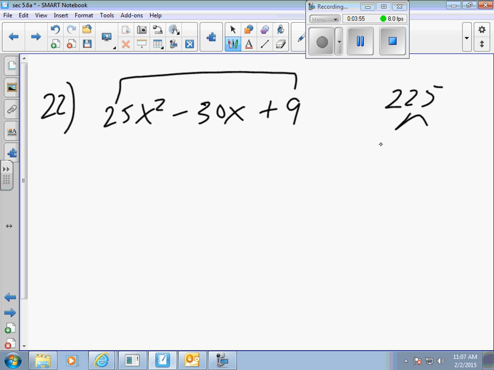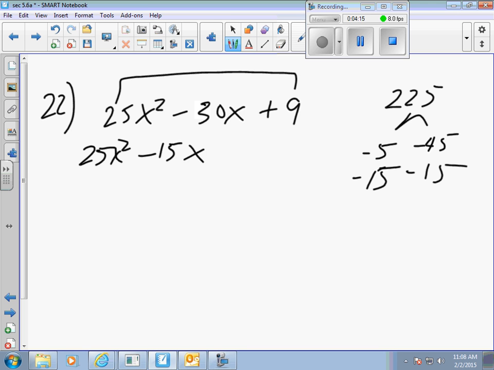So we'll try things like negative 5 and negative 45. That doesn't work. So let's go straight to negative 15 and negative 15. Oh, that one works.